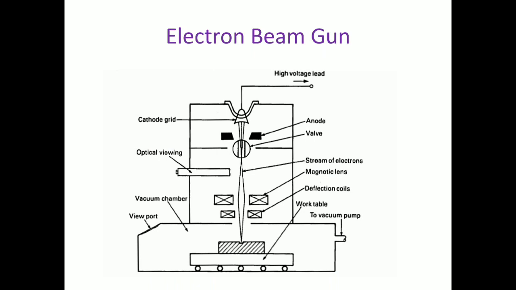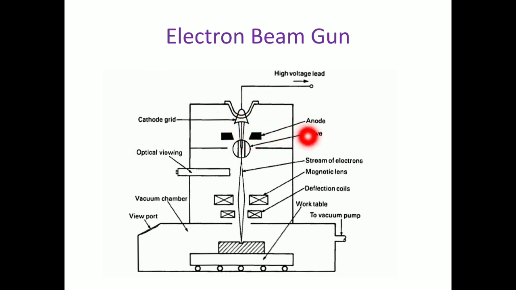Coming to the next, you can see the electron beam gun over here. How is the electron beam gun set up? It is generally a cathode gun. You have already studied the cathode gun in your elementary school. Here you can see a high voltage lead is connected to the cathode grid, and here it is the anode. Electrons will be generated and move from cathode to anode as it happens in a cathode gun.